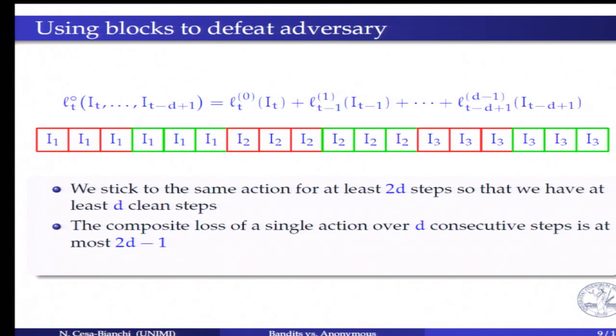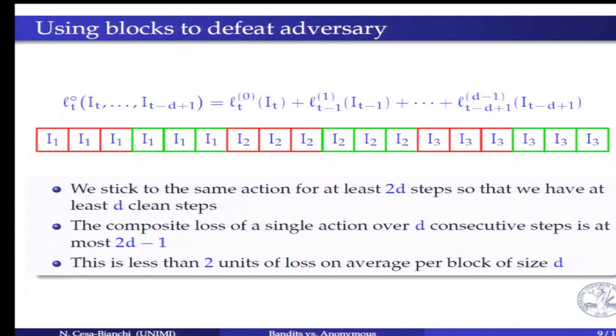So now the adversary can still do some damage. It can focus all losses for the last d actions on a single time step. But again, if I average over the second half of each 2d-long block, the composite loss of a single action over d consecutive time steps will be bounded by 2d.